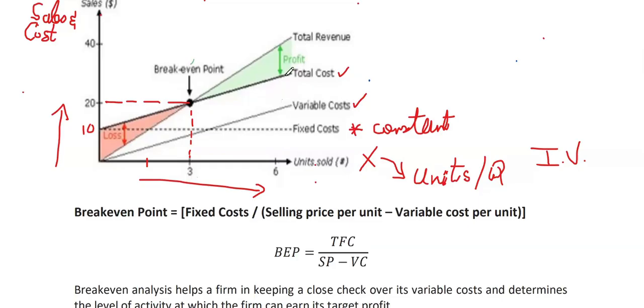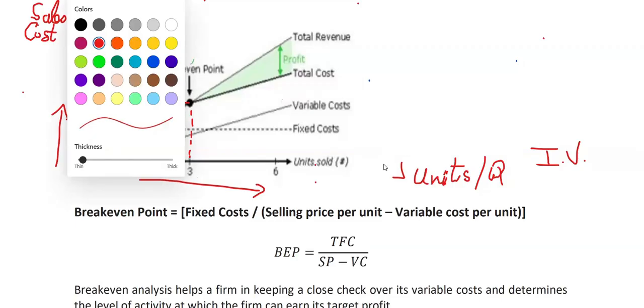But the total cost line has to be above the variable cost line because it also takes account of the fixed cost component. Remember that there are two things that make up total cost, guys.